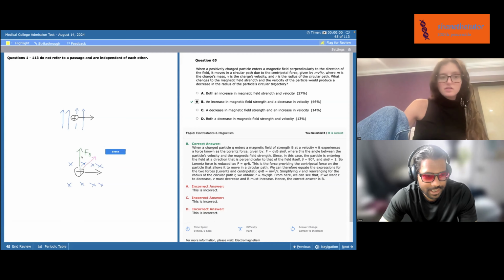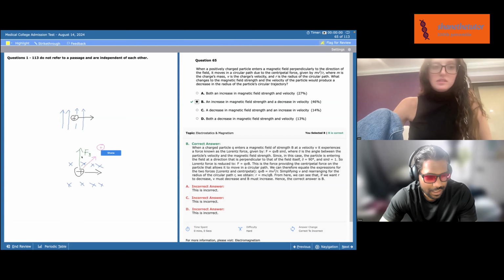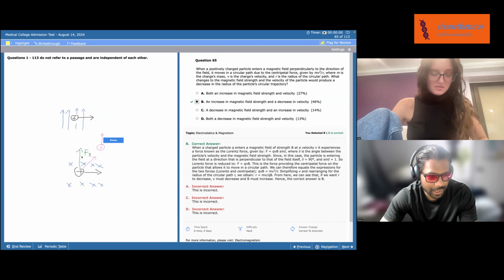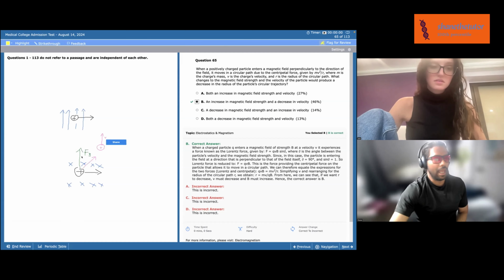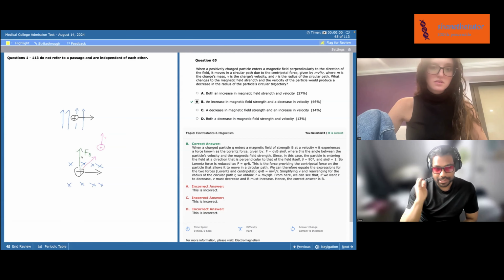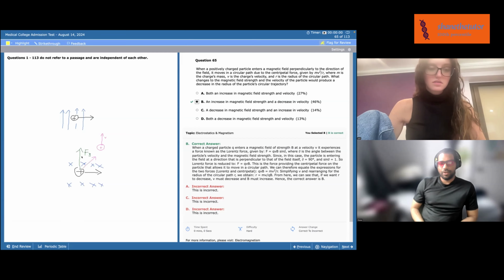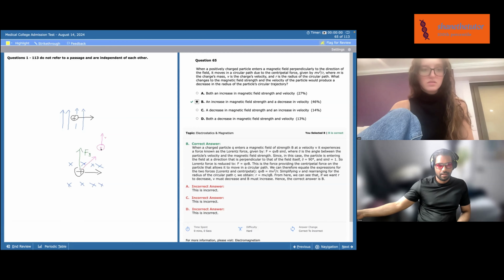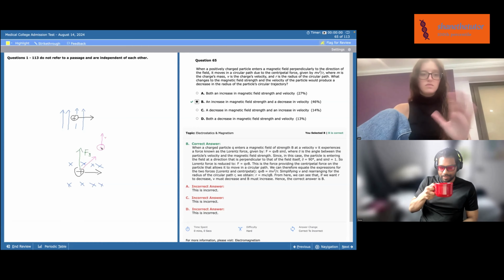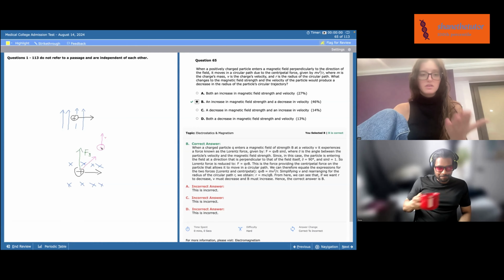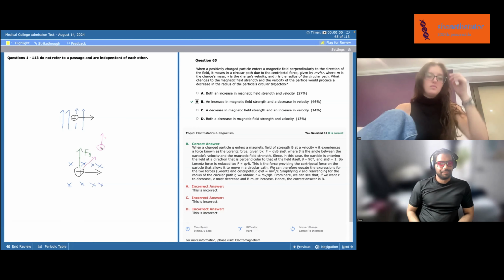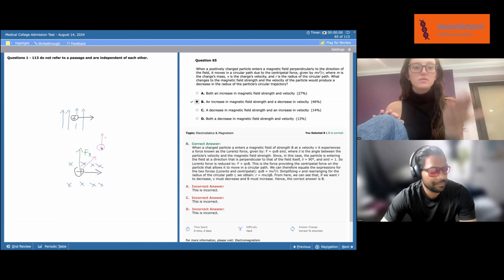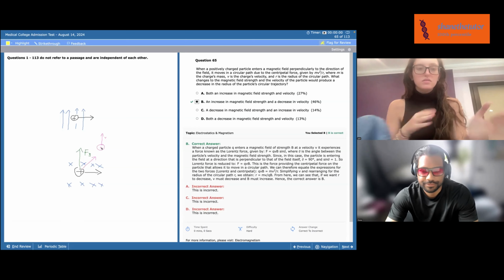Now, when it's here, its velocity will be going up, and the magnetic field is still going into the page. Tell me what direction the magnetic force will be in. Downwards. So just use the right hand rule. Velocity is pink. Hold on. Yeah, you were doing the right hand rule. I'm using the wrong hand.